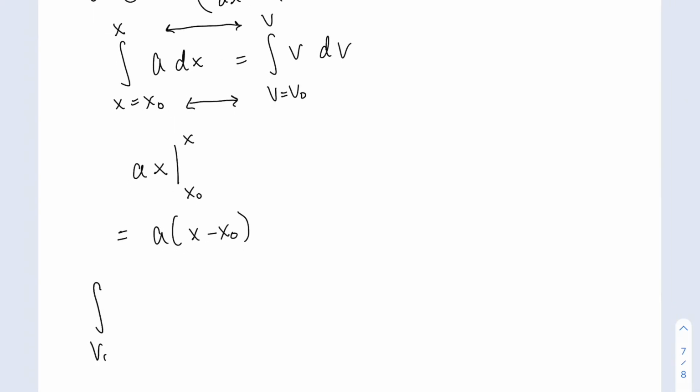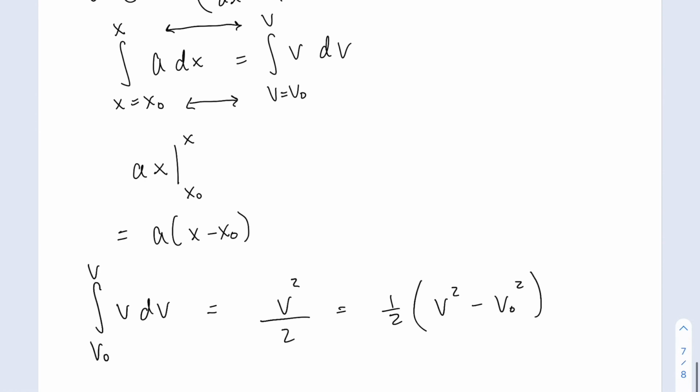Okay, the other side, we have integral v naught to v of v dv. The integral of v, we add 1 to the exponent, so it'll be a 2 instead of a 1, and then we divide by that new exponent. So that's going to be equal to 1/2 times, and now we plug in each limit, so v squared minus v naught squared.